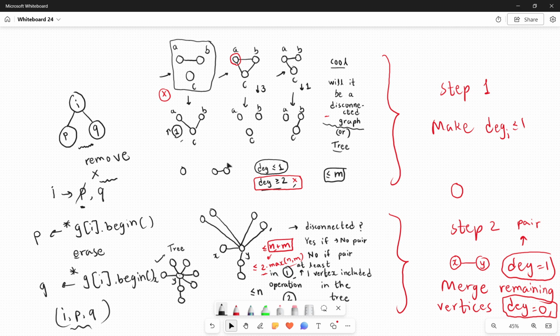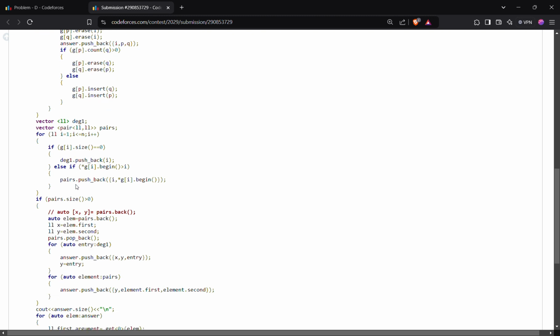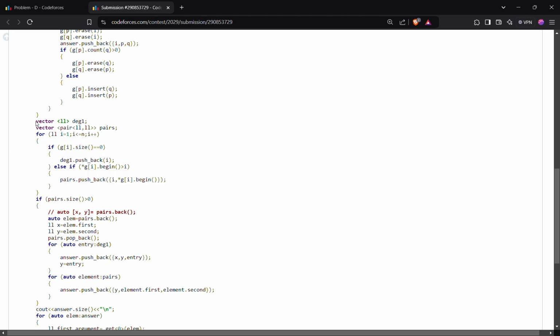My graph will look somewhat like this: some disjoint components with each vertex having degree less than or equal to 1. And yes, I'm checking if there are any pairs or not. If there are no pairs, then I'm good to go, because the graph is disconnected with no edge.